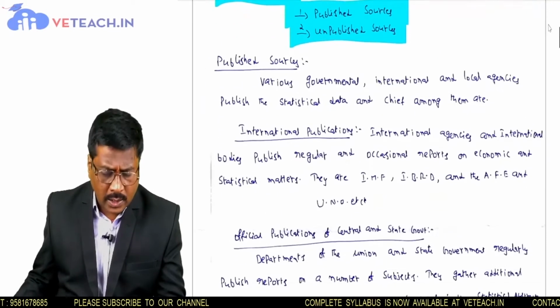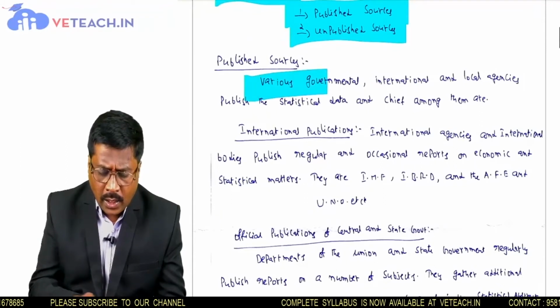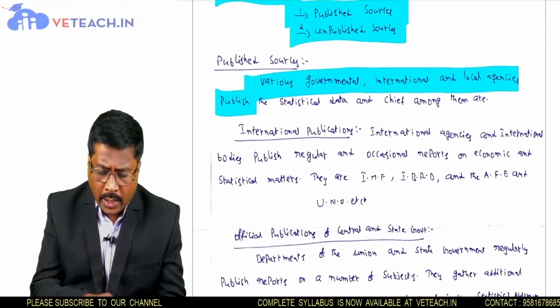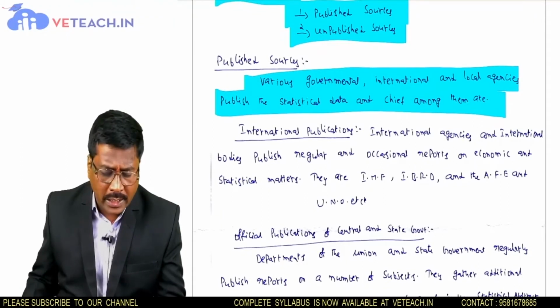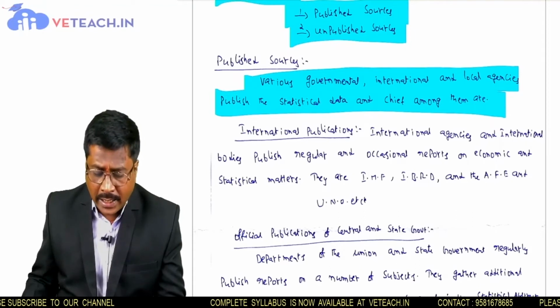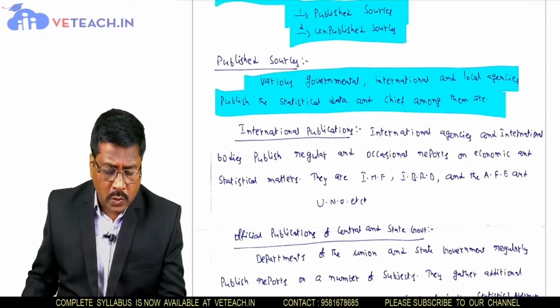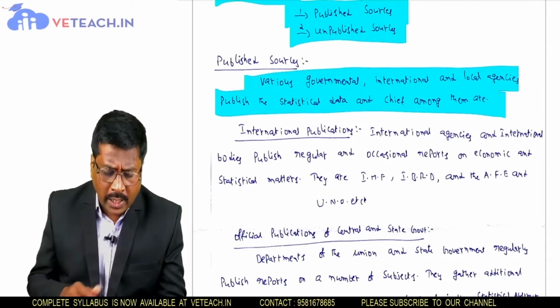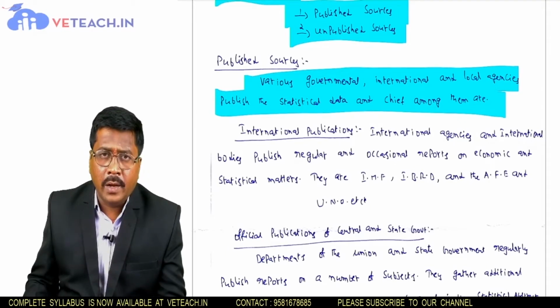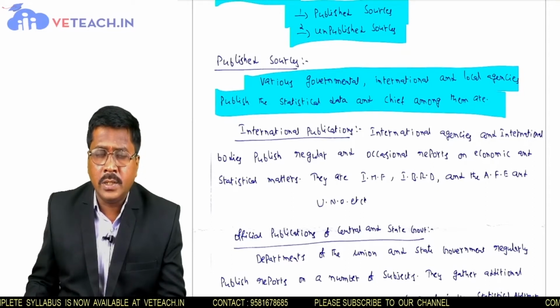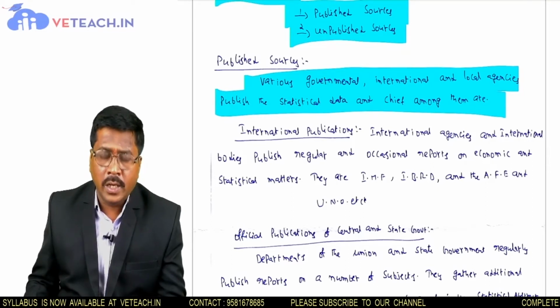Published sources means various governmental, international and local agencies publish statistical data. One is international publications and another is national publications.